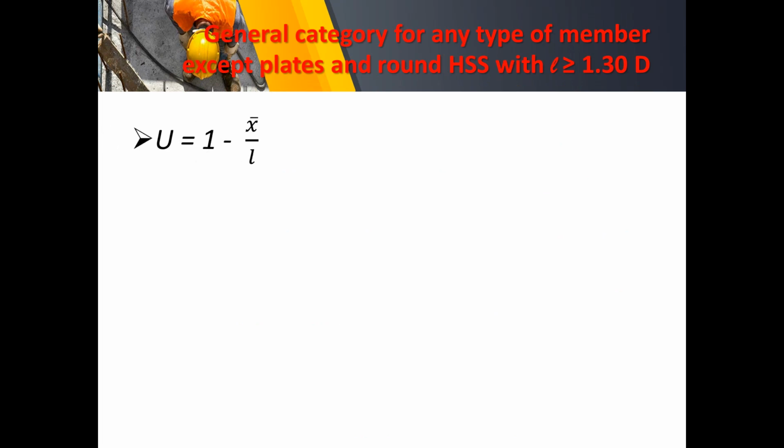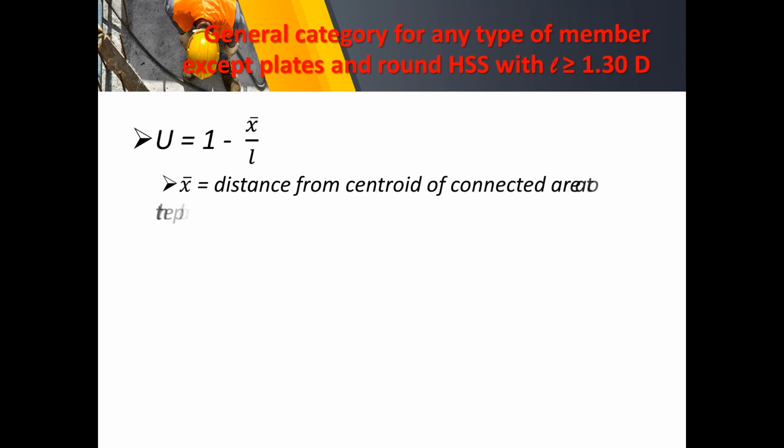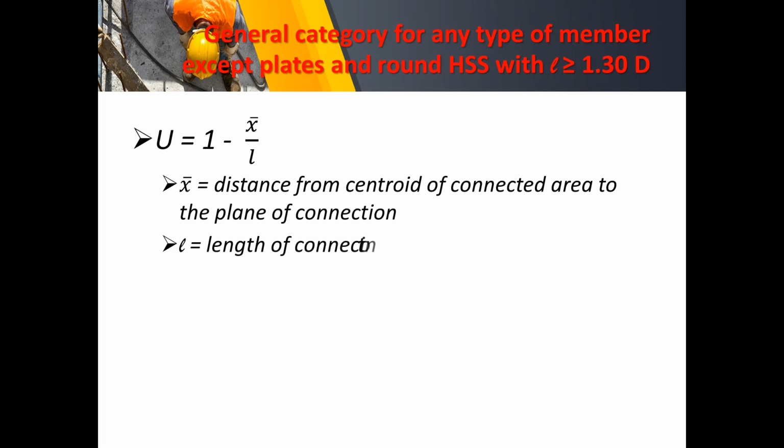So we have this equation: the reduction factor U is equal to 1 minus X bar over L. X bar is the distance from the centroid of the connected area to the plane of connection, whether it's a plate, built-up shapes or rolled steel shapes, while L is the length of connection.